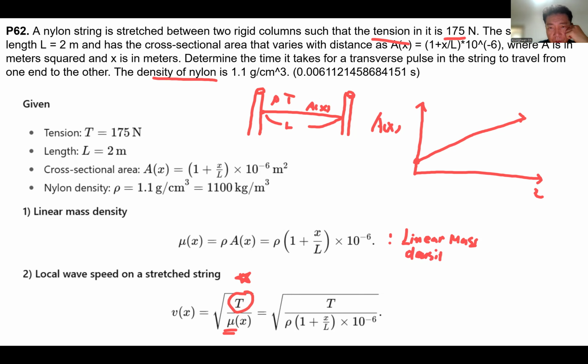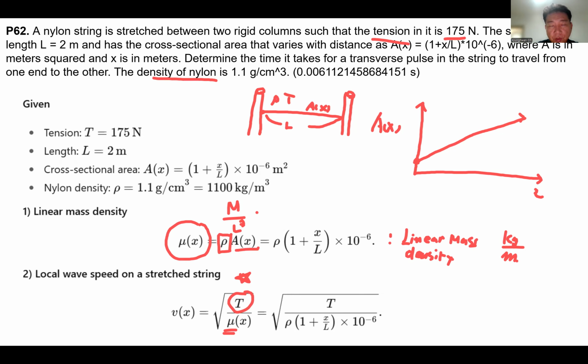Its unit is kilogram per meter, something like this. And in this case the area is changing. Area is changing. That means your linear mass density is changing, because you have a volume, mass over length cubed.